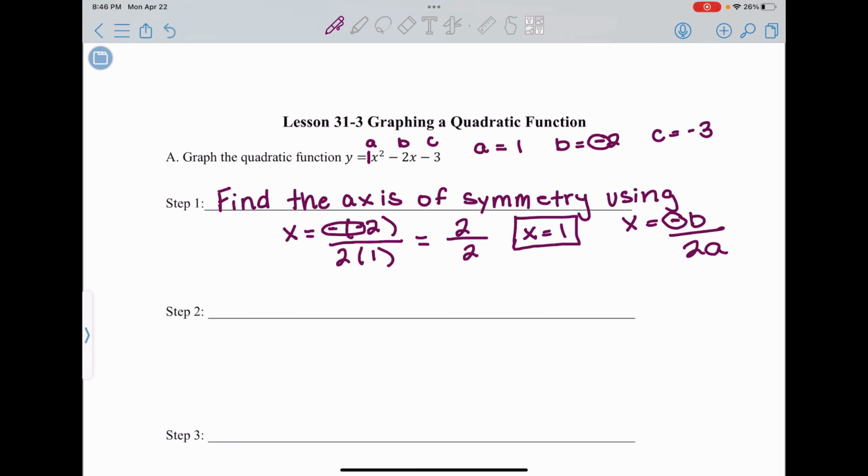This also means that my vertex has the x coordinate of 1, and we need to find the y value. And we do this by plugging in this x value into our equation.